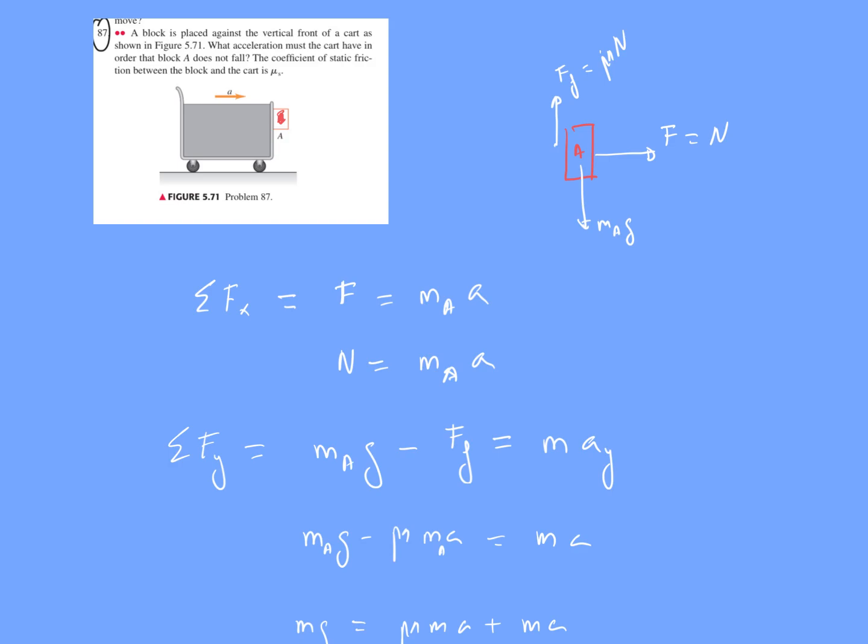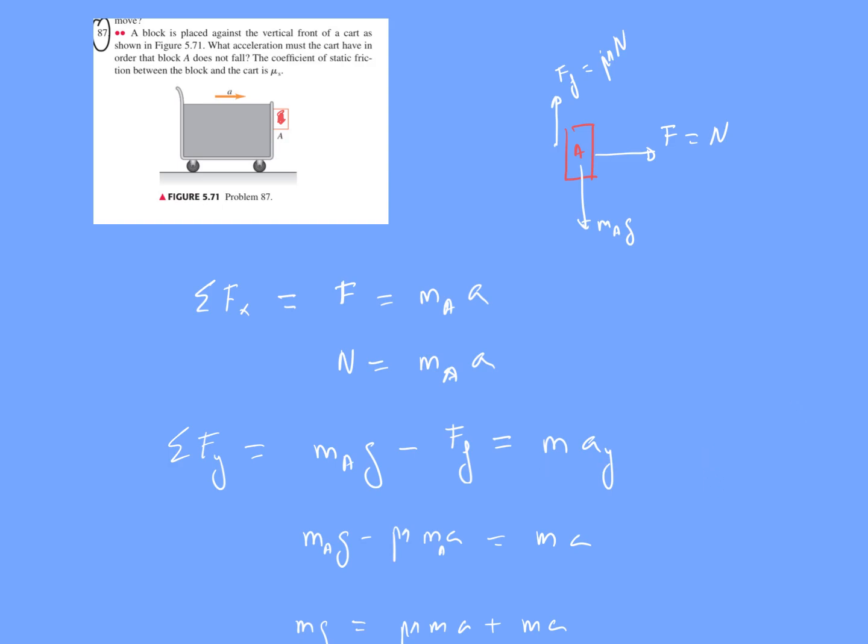I will write Newton's law equation. The sum of all the forces in the x direction acting on the body A is the normal, the only force in the x direction: N equals M by A. And in the y direction, the forces are mg going downwards minus the friction going upward, and this is M by AY.